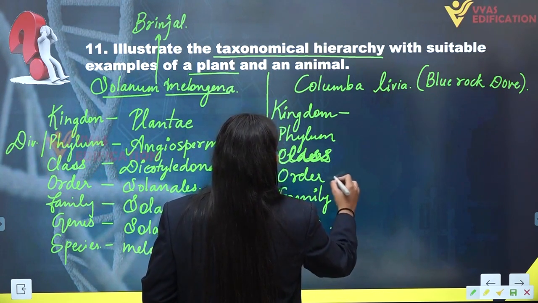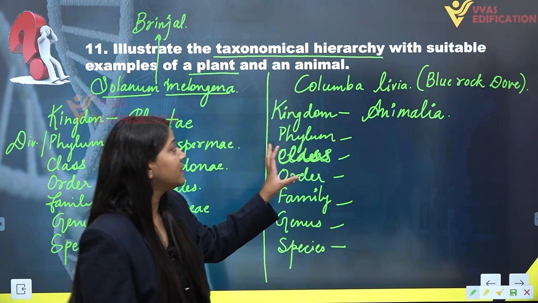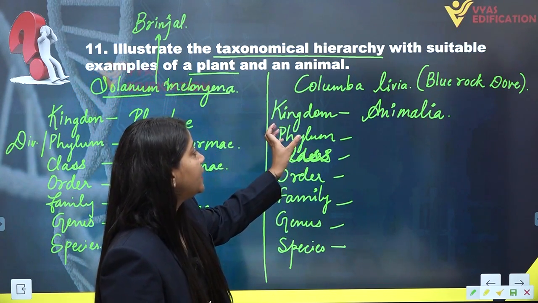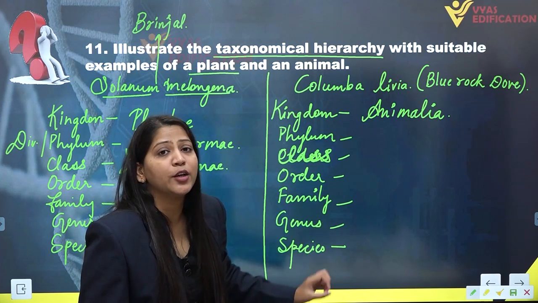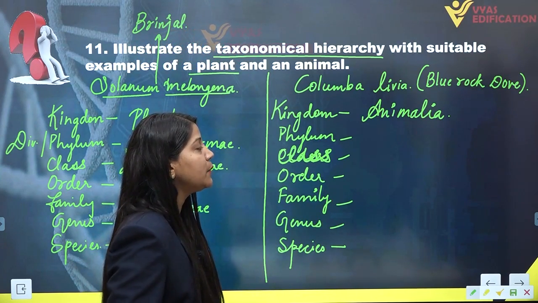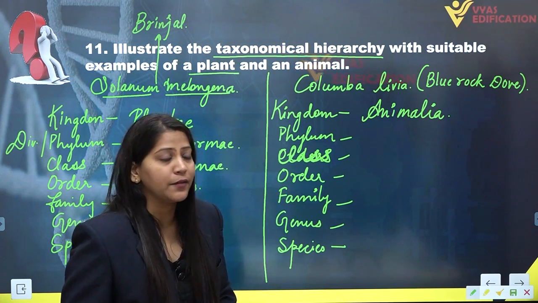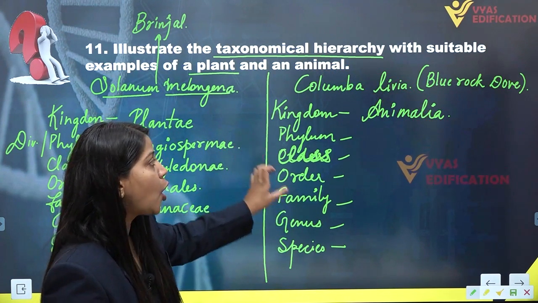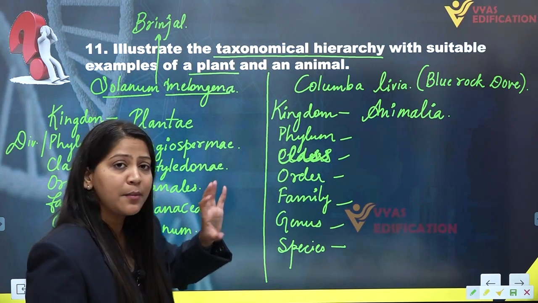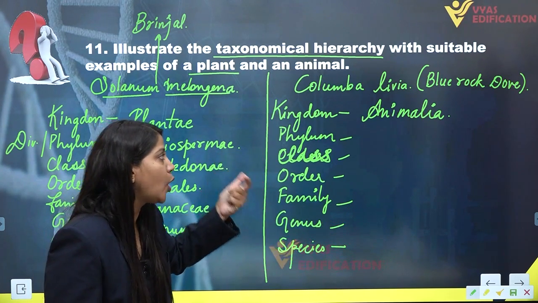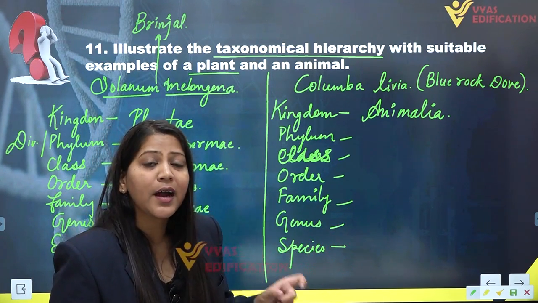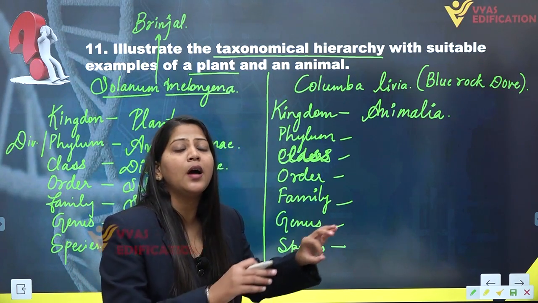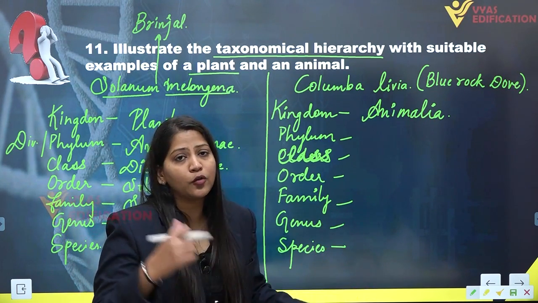Now, the example of animal is Columba livia, which is a kind of bird, and the common name is blue rock dove. As I mentioned, this organism is a bird, so it belongs to the kingdom Animalia. It does not belong to Plantae.